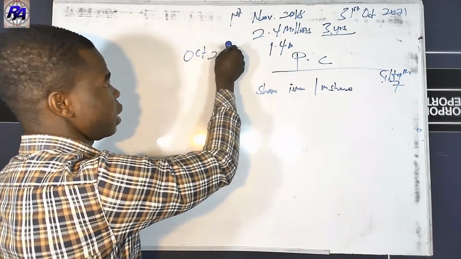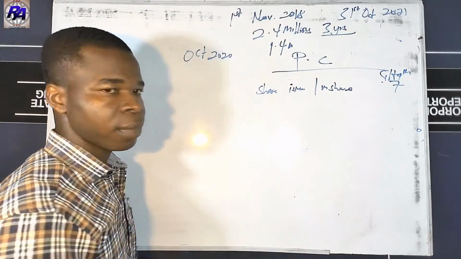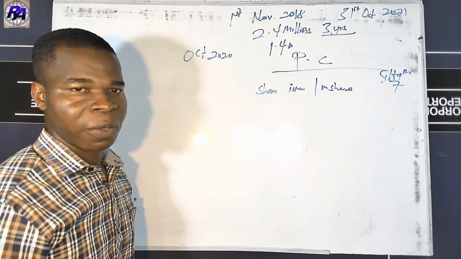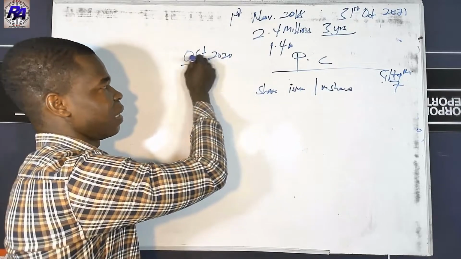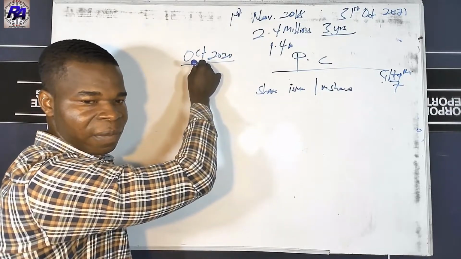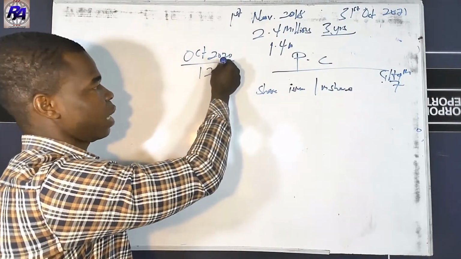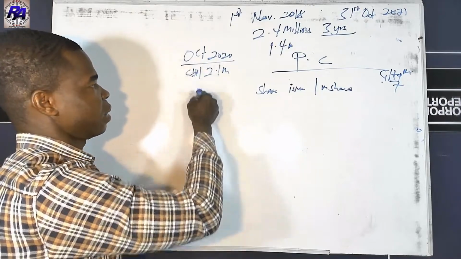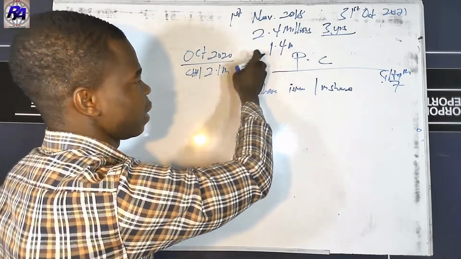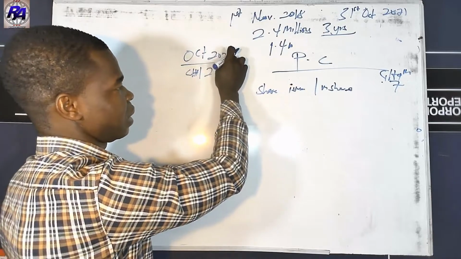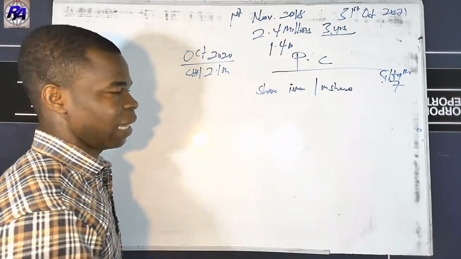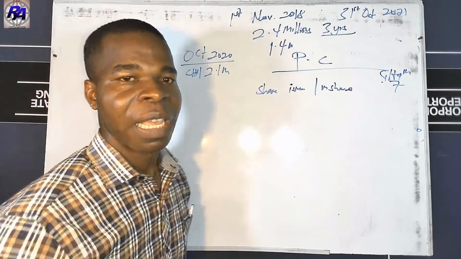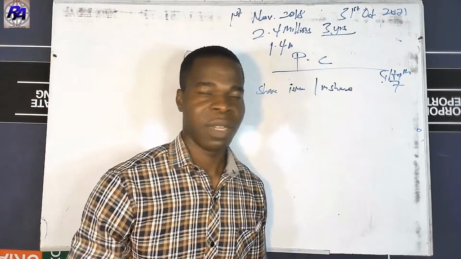October 2020, for an agreed amount of 12.1 million Ghana cedis. So they are going to make the payment of this amount on 31st October 2020 for 12.1 million Ghana cedis. This question is very good because it brings dynamics in everything they are doing.